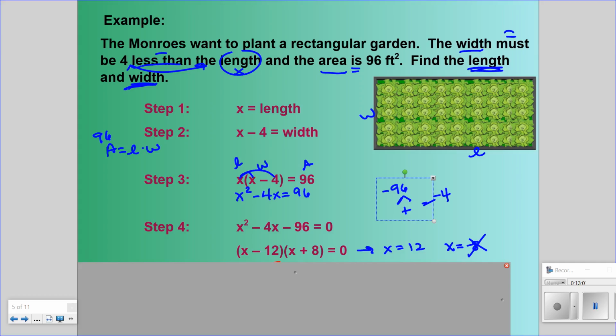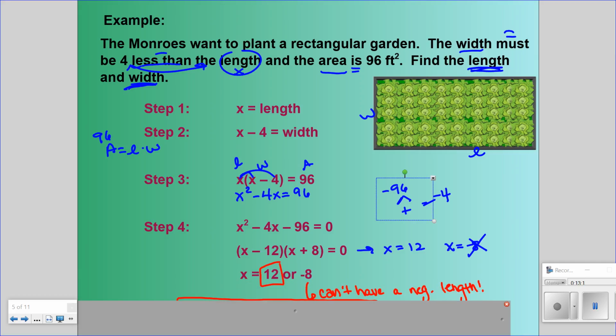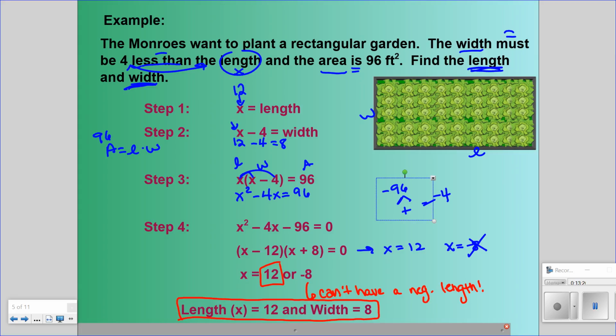It wouldn't make sense to have a negative distance. Because of that, x, or our length, must be equal to 12. And then if the length is 12, put x's value of 12 into the other expression. 12 minus 4 will give you the width of 8. And they are feet. I should have the units here.